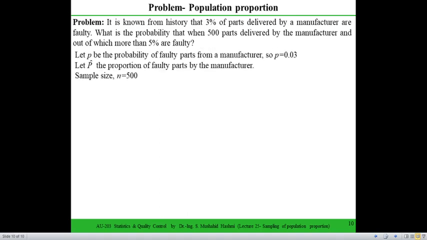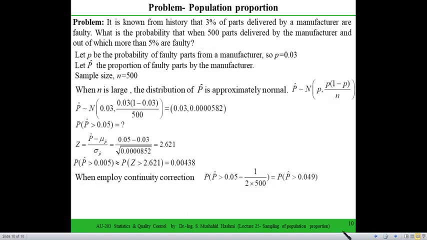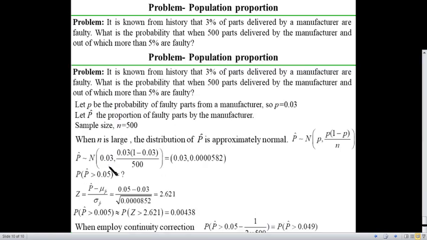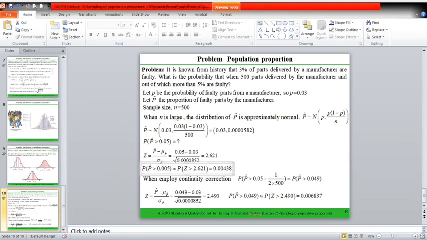And you can see that this is the probability that the sample proportion would be greater than 0.05. Okay, I'm sorry, here I could not make it correct. Here also I need to correct it. Okay, here it has been corrected.